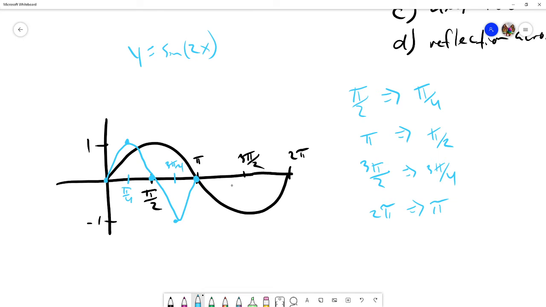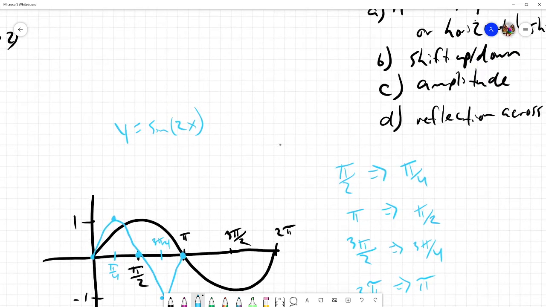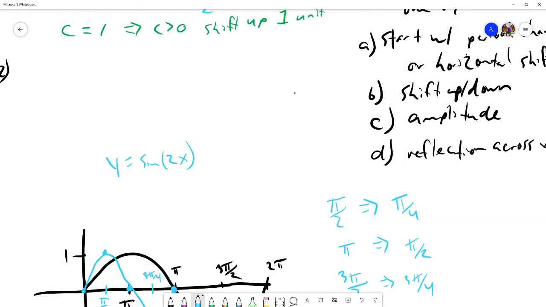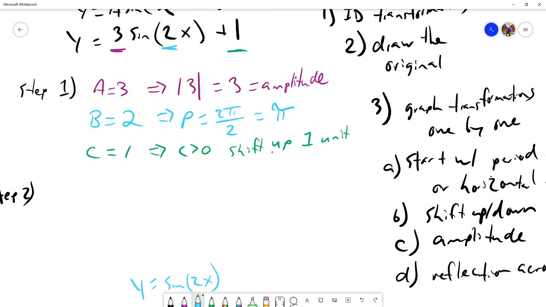Or you could just make a table and think, if I plug in pi over 2, what happens to that. But I think this is a quicker, more effective way. Just think about what happens to these original 5 values. Well, they're all being divided by 2. They're being divided by the b value. So that takes care of A. Now we have a shift up and down, so we're going to now do that shift up.